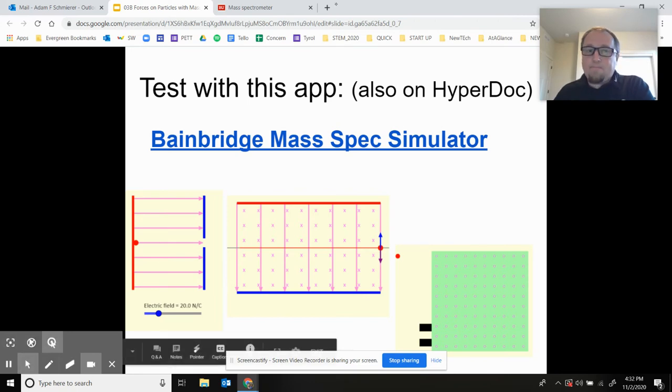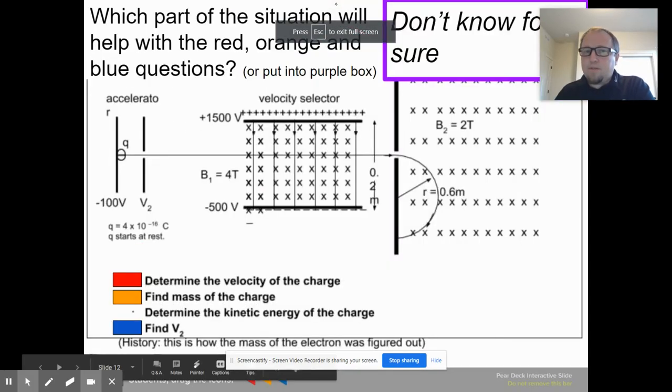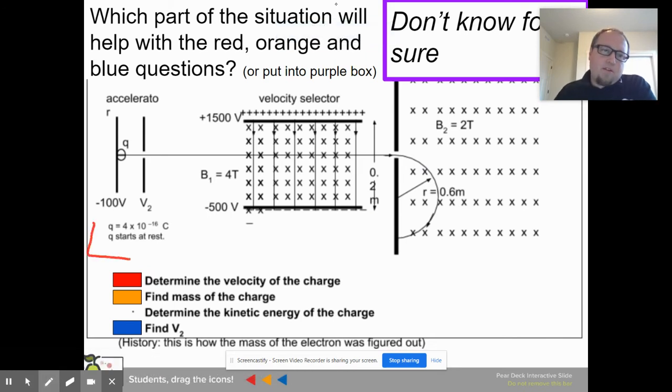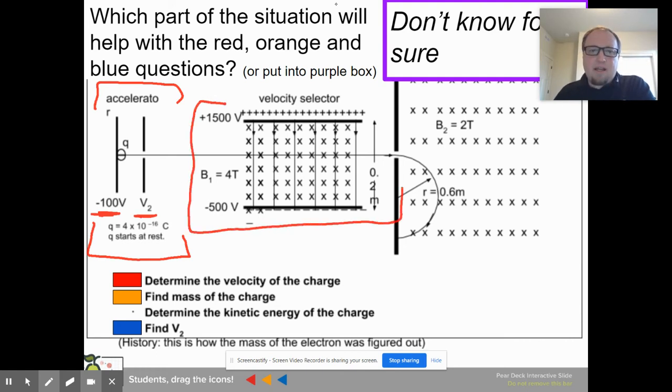So let's walk through this. We stopped and said, okay, this first bit is going to give us information about the different potentials, different voltages. And then here I have my velocity selector. This is going to help me know velocities.